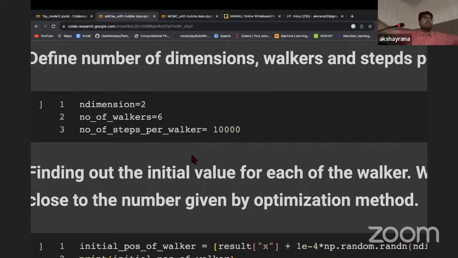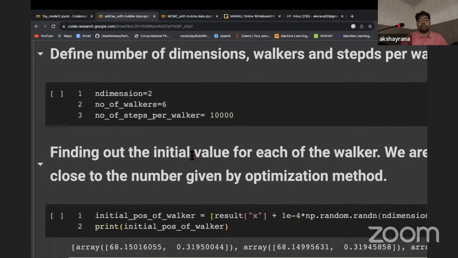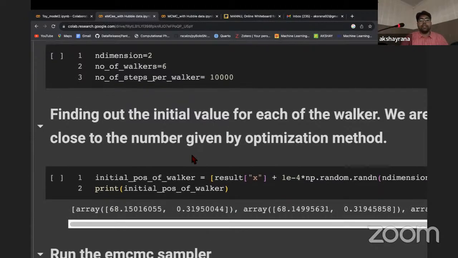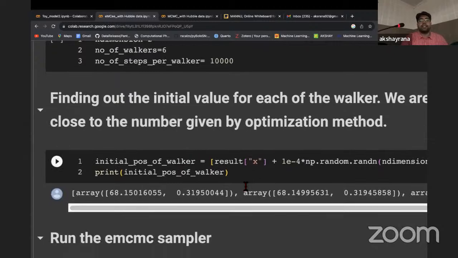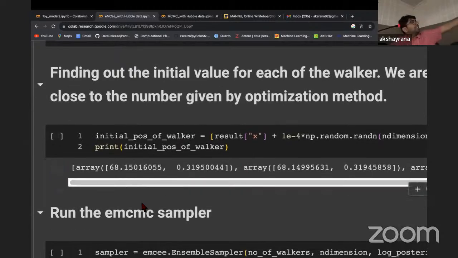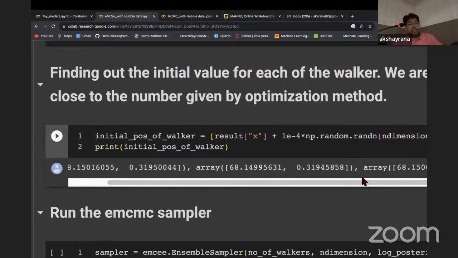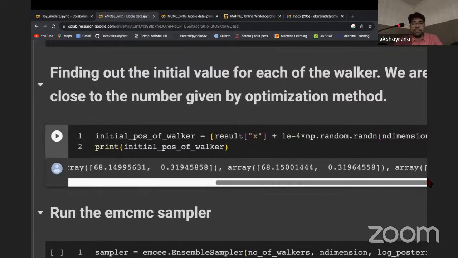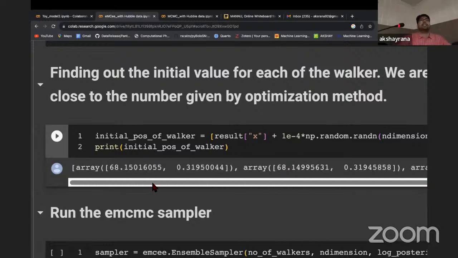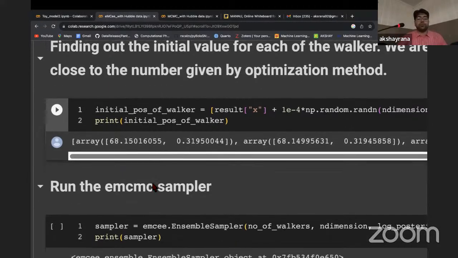This command defines the initial walkers: 68 and 0.31 is the first walker position, next is 68.14, 0.31, and so on, 6 initial values like this. I am keeping them close to my chi-square value so that my burn-in time gets reduced.